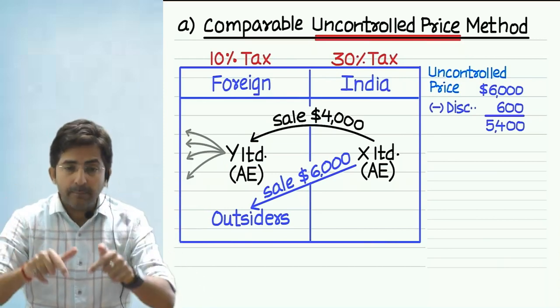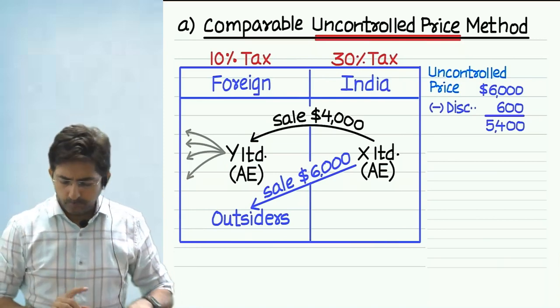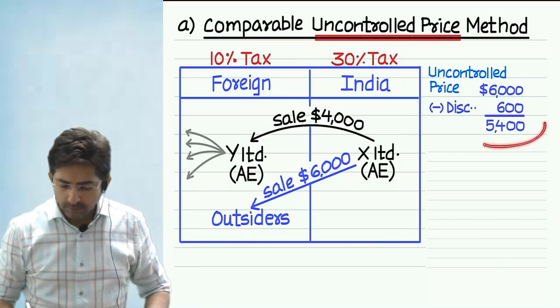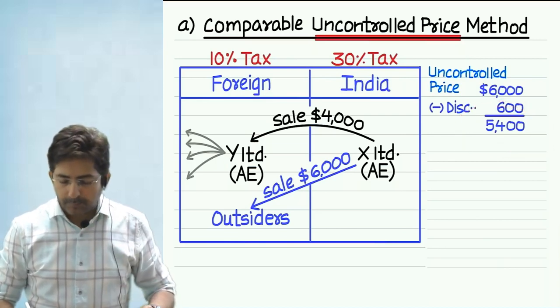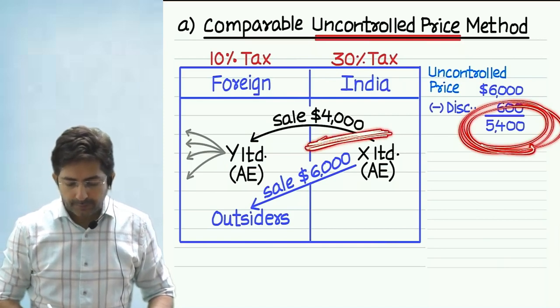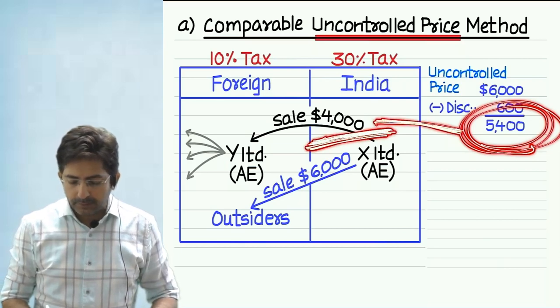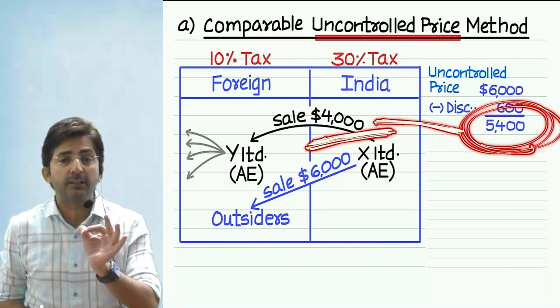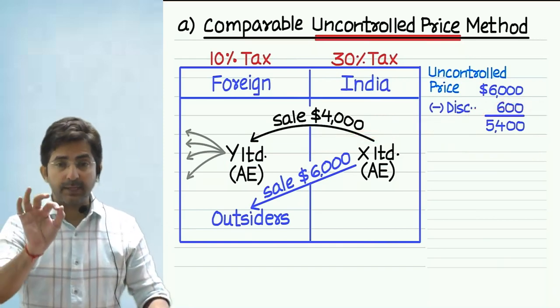Sorry, the adjusted price now is 5,400, and compared to 5,400, if they have shown 4,000, the blame is only of 1,400 cheating.